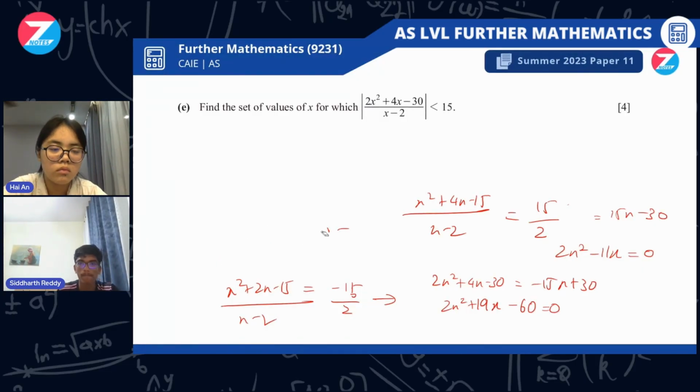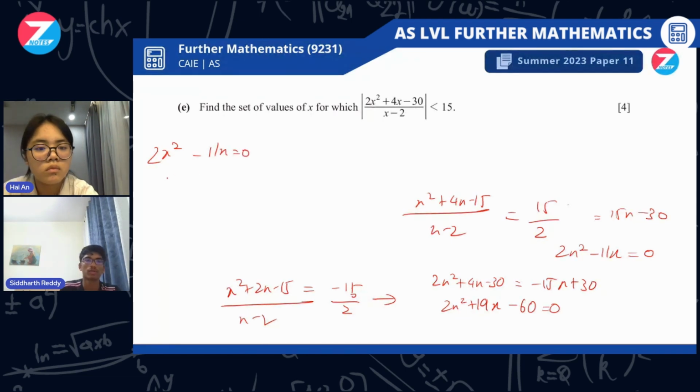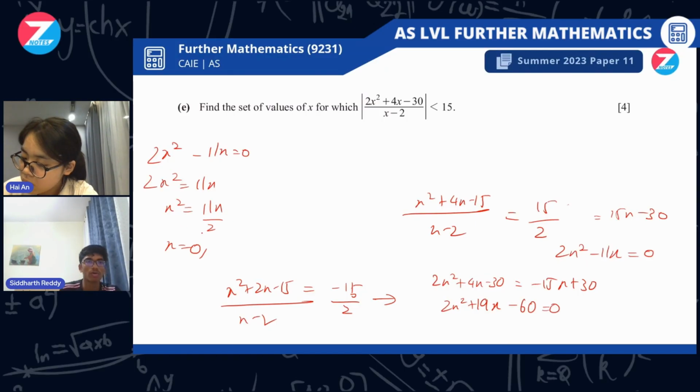Okay, so the first one is 2x squared minus 11x is equal to 0. So 2x squared is equal to 11x. x squared is equal to 11x by 2. So we have either x is equal to 0 or x is equal to 11 by 2, if we divide it by x on both sides. So that's one range.